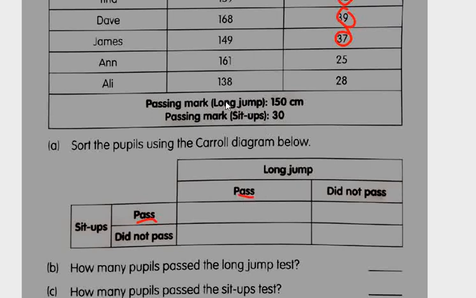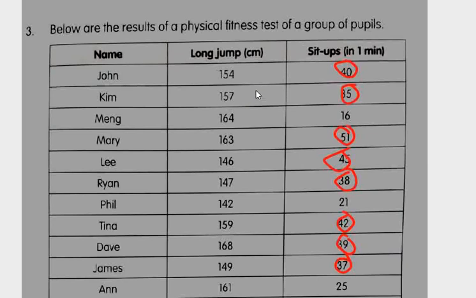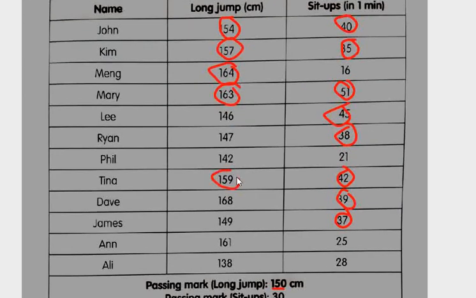So the passing mark for long jump is 150. Let's mark all the numbers that are greater than 150. So here we go. Let's mark so you will not miss anything. 150. Okay, done.